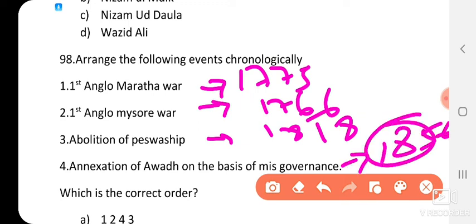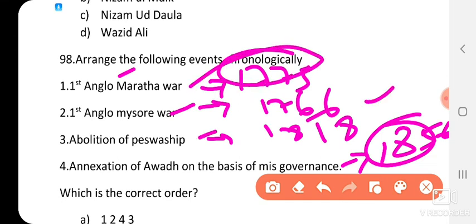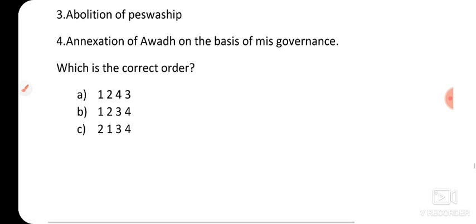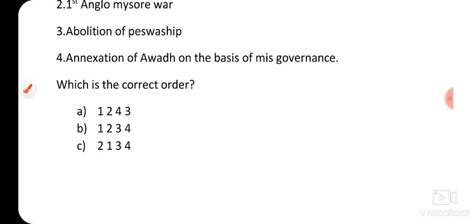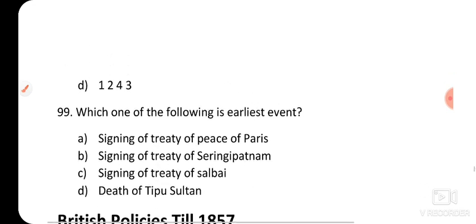So the first event is the First Anglo-Mysore War. The second event is the First Anglo-Maratha War in 1775. The third event is abolition of Peshwaship in 1818, and the fourth and final event is the annexation of Awadh in 1856. So the correct order is 2, 1, 3, 4. Option C is correct.